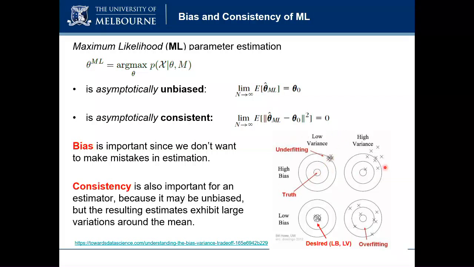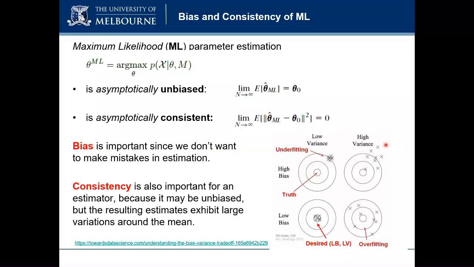But let's look at the possible cases. On the rows, you have high bias and low bias, and then low variance and high variance in the columns. If it is high bias and low variance, your estimates are consistent, right? But they are off. So you consistently shoot the wrong place. High bias and high variance is the worst.